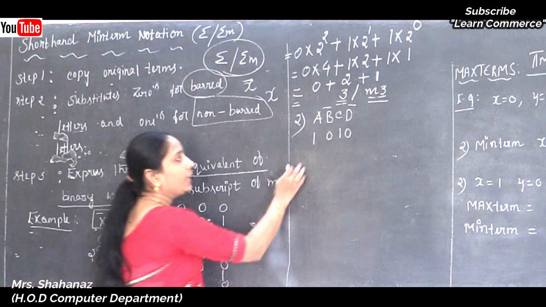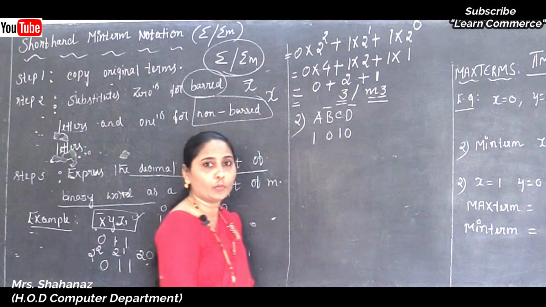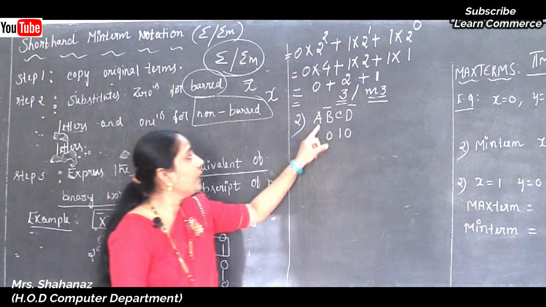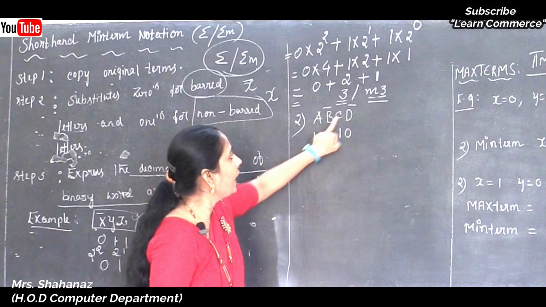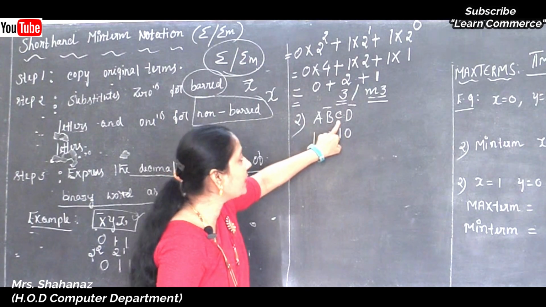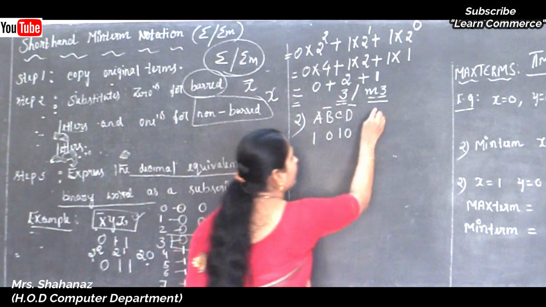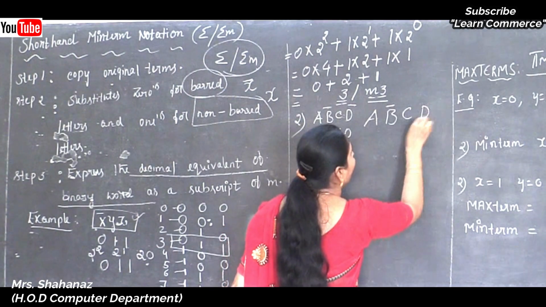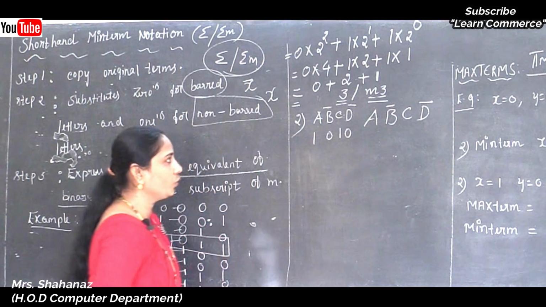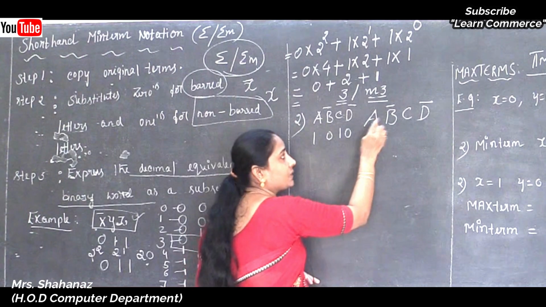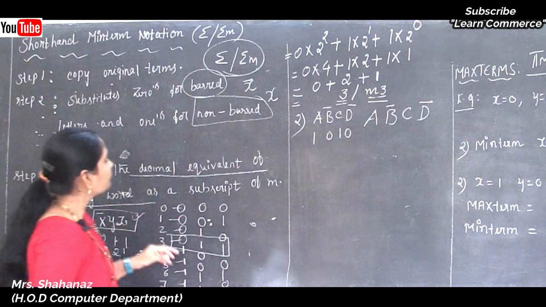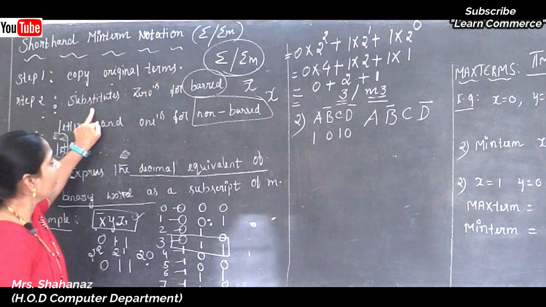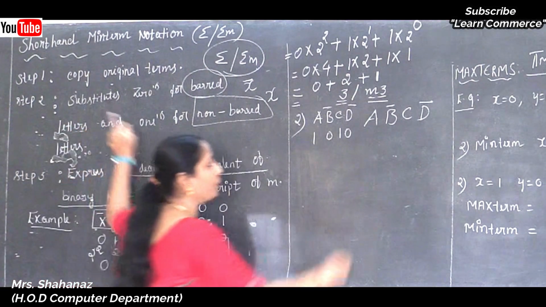Now like that we are going to solve one more problem. The problem is A complement of B, C and complement of D. We know the steps: copy the original terms, and second, substitute zeros for bar letters.